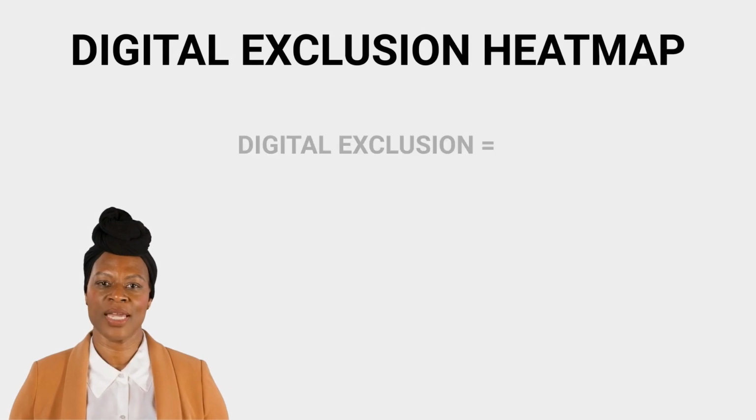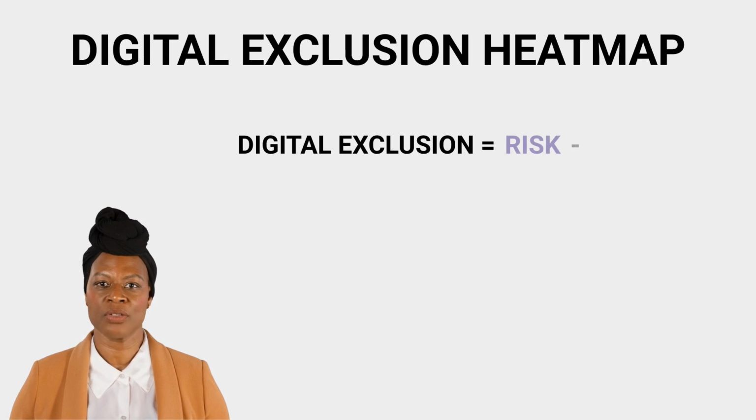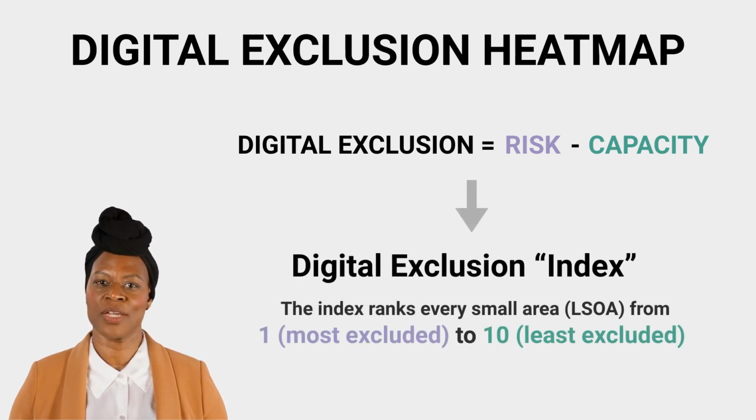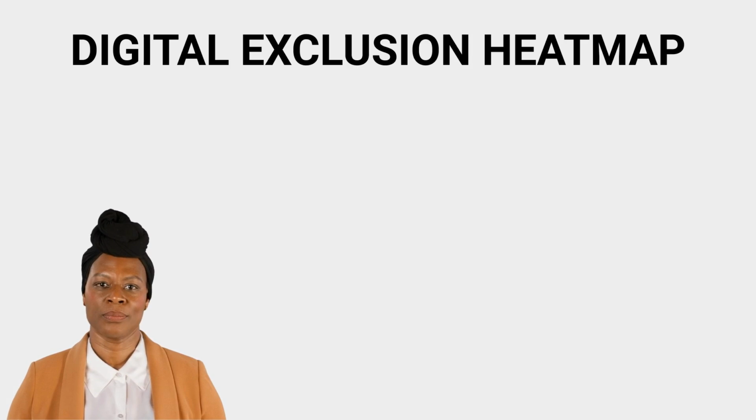The heat map calculates digital exclusion using a simple formula: risk minus capacity. Risk factors, such as poverty and poor broadband access, are weighed against capacity resources like digital hubs and community services. This creates the Digital Exclusion Index, ranking smaller geographical areas from 1, representing the most excluded, to 10, the least excluded.